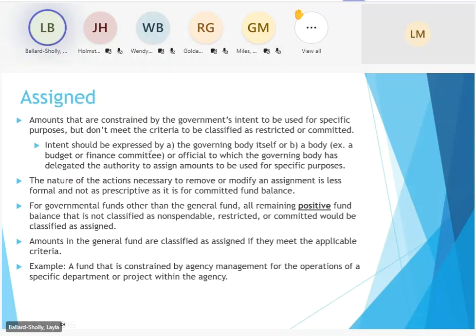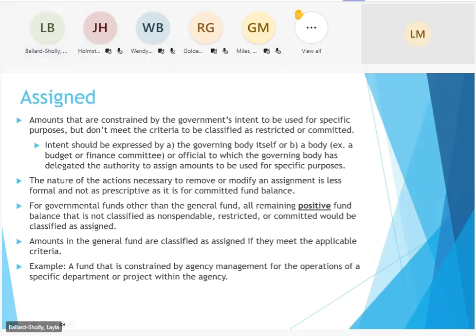The intent for the purpose should be expressed by the governing body itself or a body such as a budget or finance committee or official, to whom the governing body has delegated authority to assign amounts to be used for specific purposes.